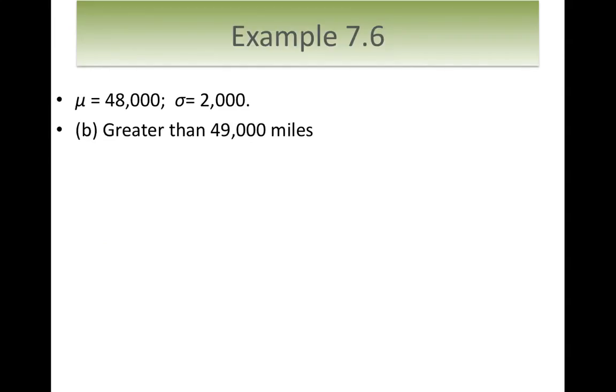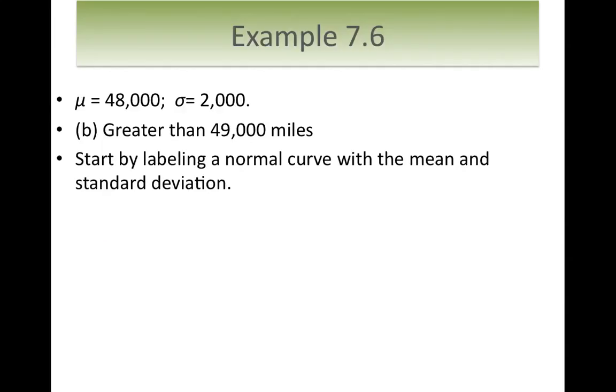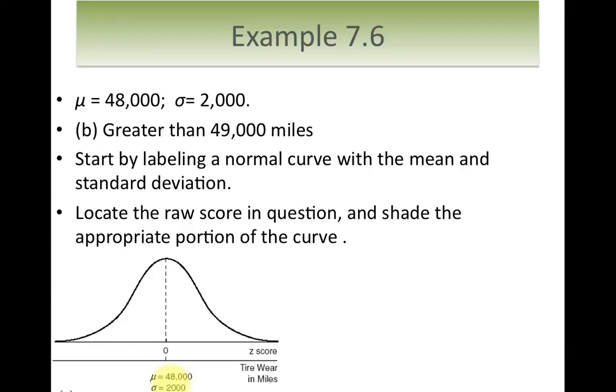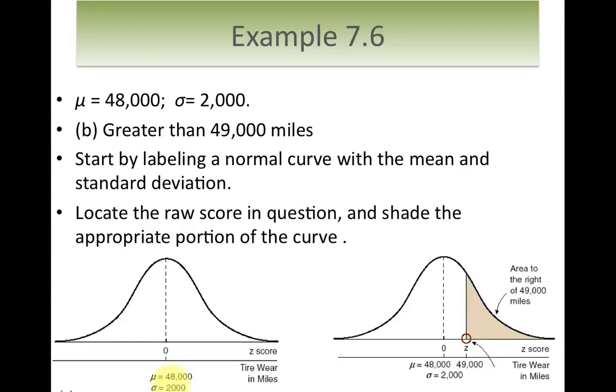Okay, part B, greater than 49,000 miles. We're trying to find the proportion of tires whose miles are greater than 49,000. So we go to a picture again. Here's our empty picture that serves as a model for each of the parts of this problem. Our mean is 48,000 still. Our standard deviation is 2,000. And the shaded area in this problem is going to be the area to the right of 49,000.